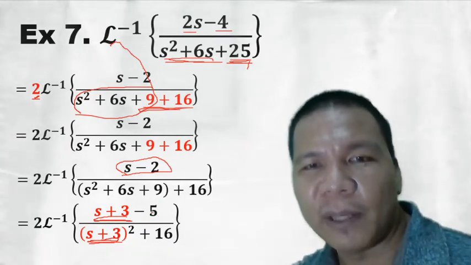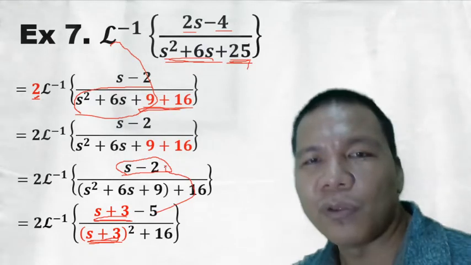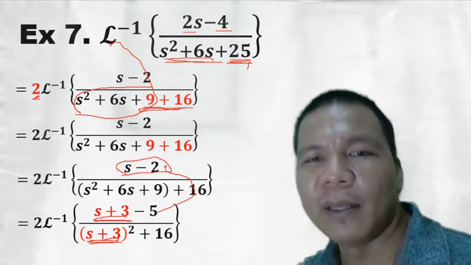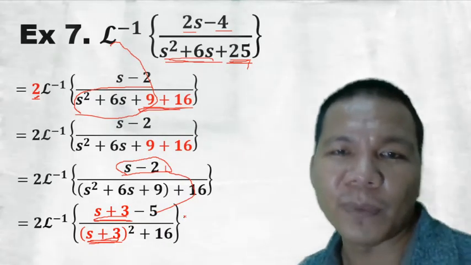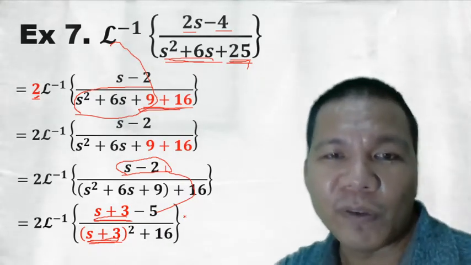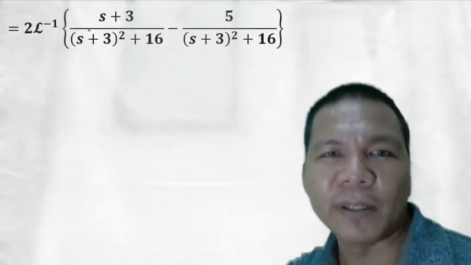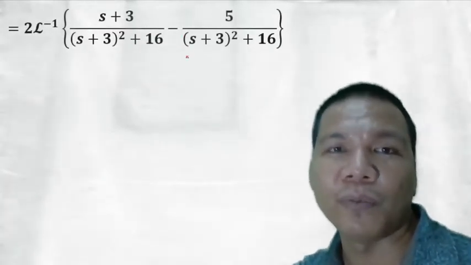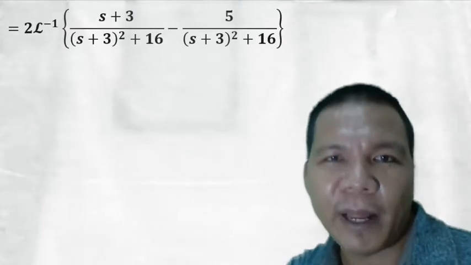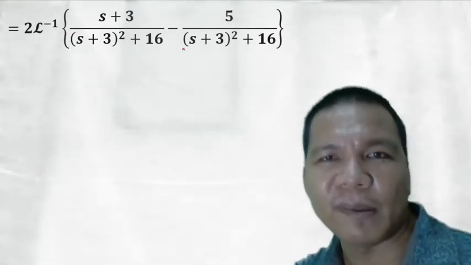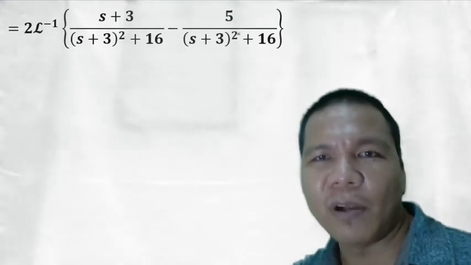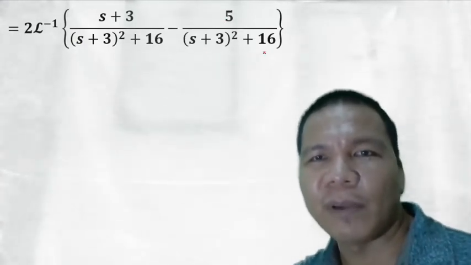So that 3 minus 5 becomes 2. Now, the next thing that you should do is to split the fraction. When you split the fraction, in your next slide, the fraction was split into two parts. I have here s plus 3 all over s plus 3 quantity squared plus 16 minus 5 all over s plus 3 quantity squared plus 16.